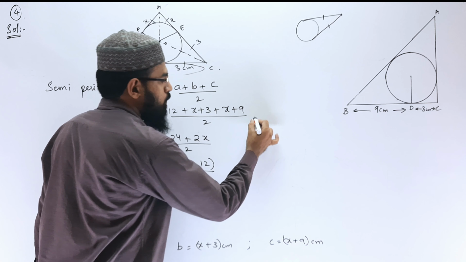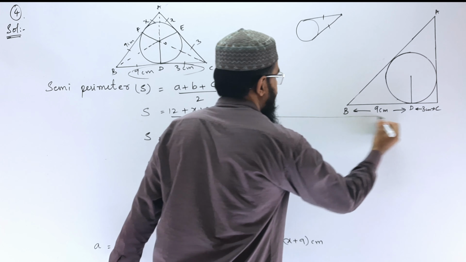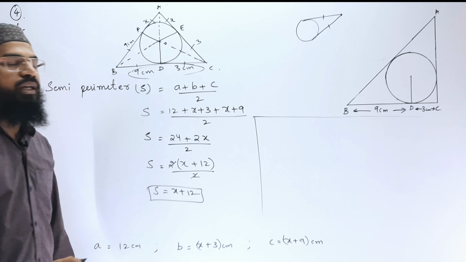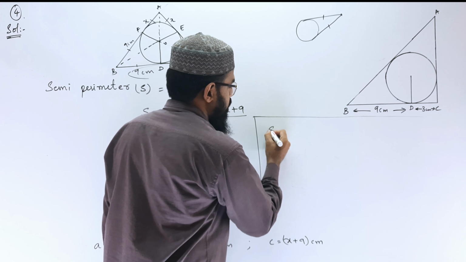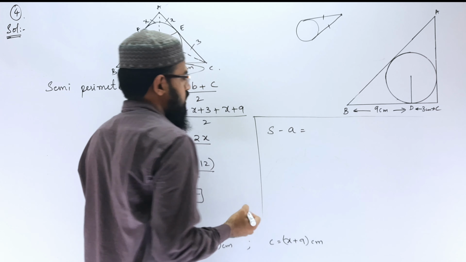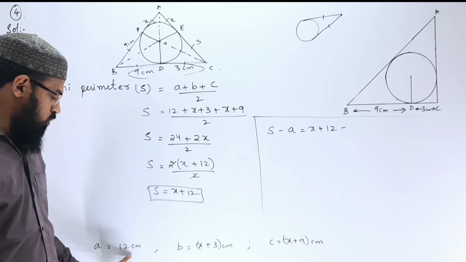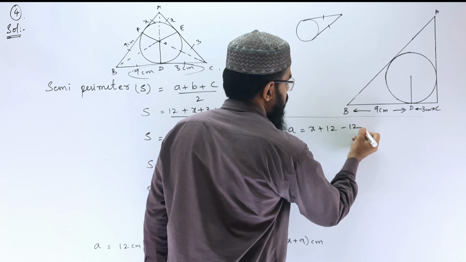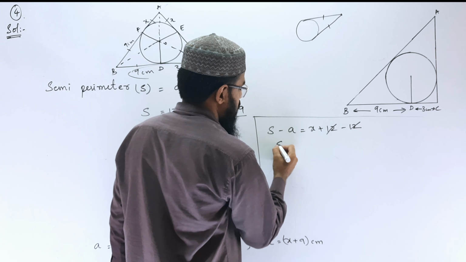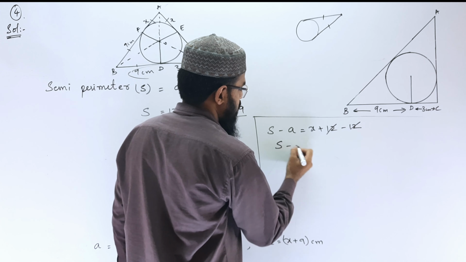Here we are going to find out the area. For finding the area, we have the formula delta is equal to the square root of s into s minus a into s minus b into s minus c. For finding s minus a, let us substitute the value of s, that is x plus 12, minus a, a is 12. 12 minus 12, so s minus a is equal to x.